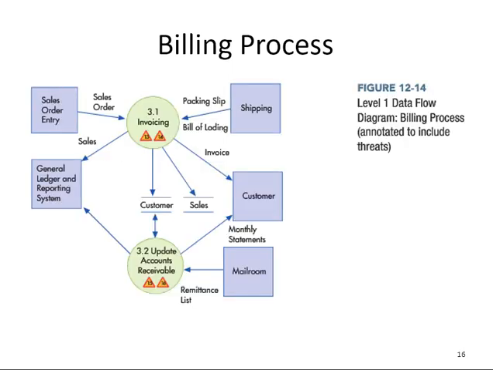Here we have a DFD for the billing process. To generate invoices, we need to have the sales order. We need to have the packing slip and bill of lading, so we know the sale has been completed.